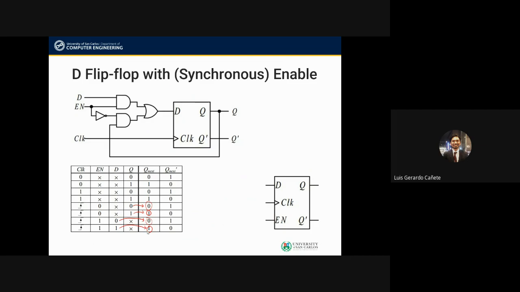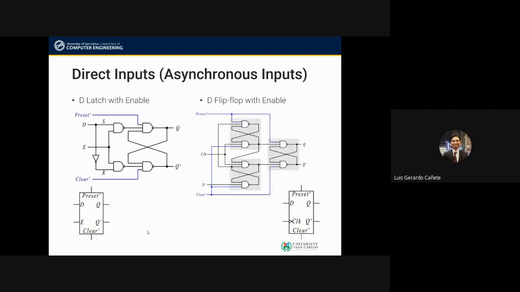Now there's another type of D flip-flop, and this is much more common. It's the D flip-flop with asynchronous inputs. So asynchronous inputs are a way of enabling an initialization of the flip-flop. Something that might have been discussed earlier is that when you turn on the flip-flops or latches in general, the value of Q and Q bar is sort of random.